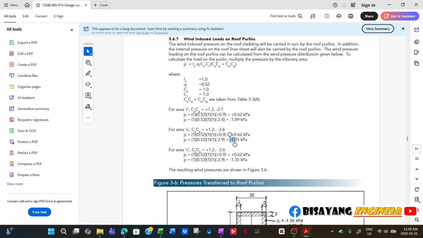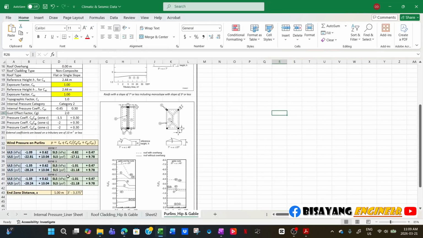This one, negative 1.35, and then the same 0.62 and negative 0.45 to area C. The same. Again, I'm not sure why he used 1 instead of the actual value from your calculation, but it's more conservative that way, which is fine.